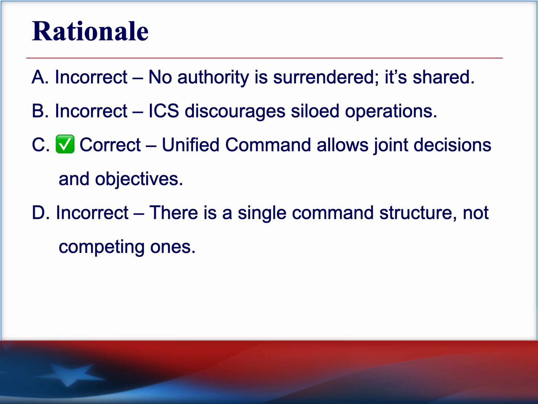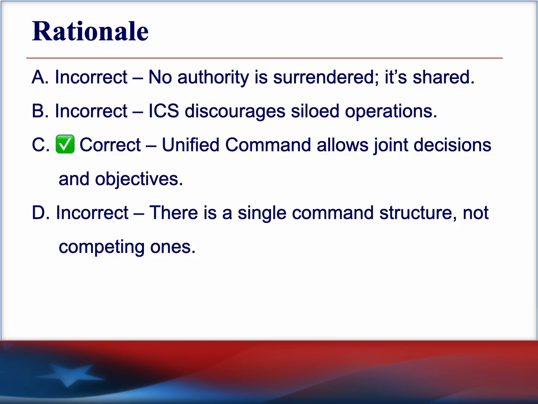A is incorrect because no authority is surrendered. It's shared at best. Incorrect. B is incorrect because ICS discourages siloed operations. C is correct because unified command allows joint decisions and objectives.